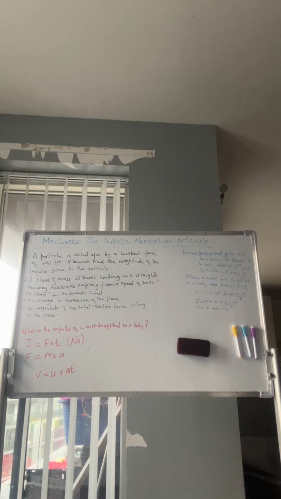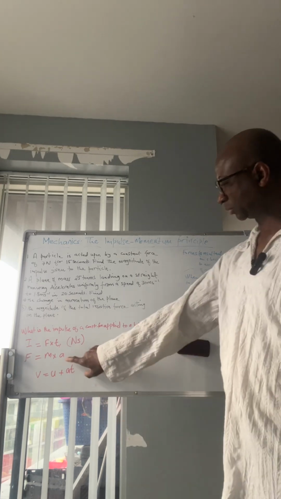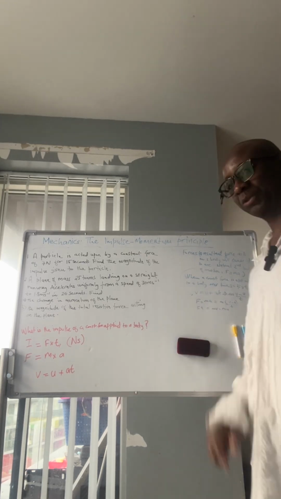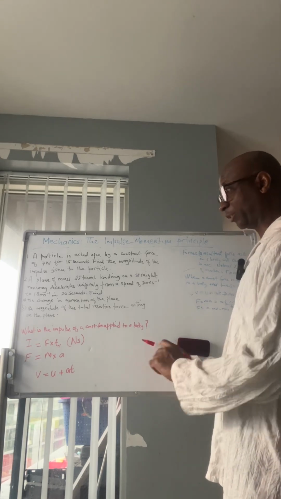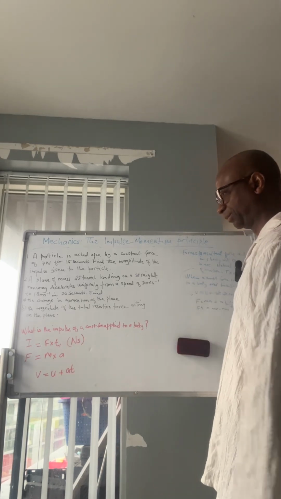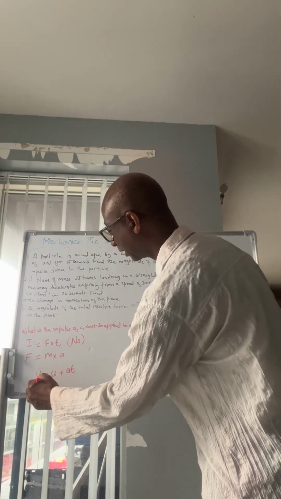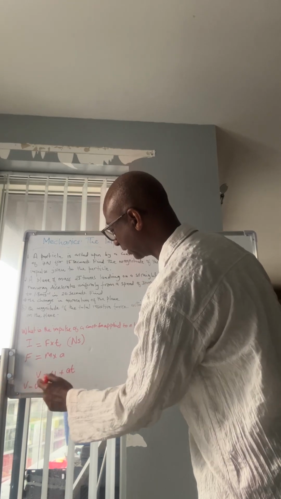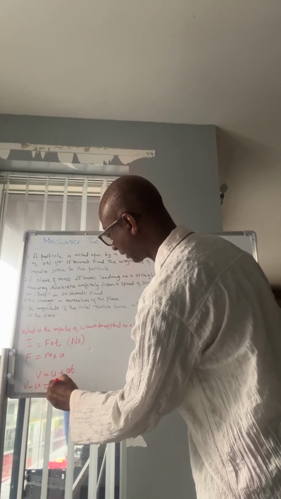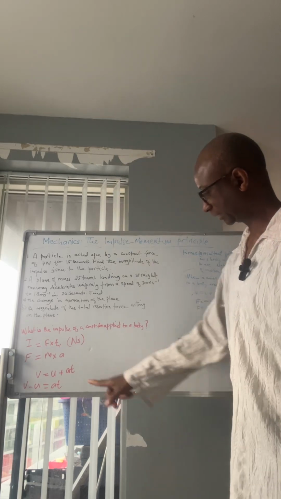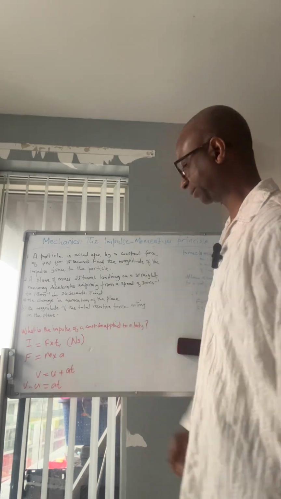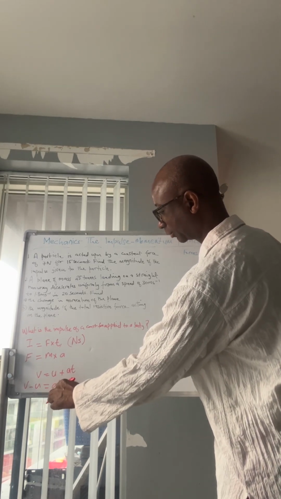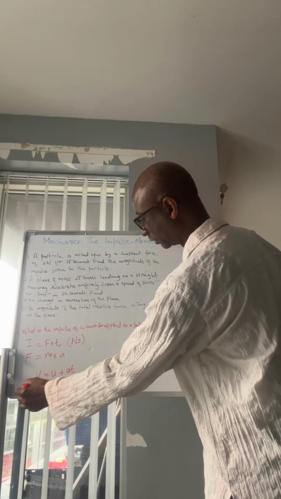What are we looking for here? We want to get rid of the t. We are trying to draw a relationship between force and impulse. So here you will have v minus u, final velocity minus initial velocity, equals acceleration times time. We are just changing the subject here. So we divide this by t, and we also divide this by t.